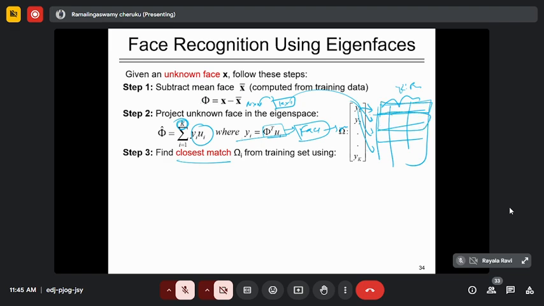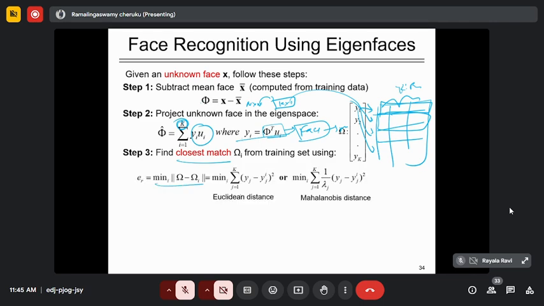Whichever is closest, by using Hamming distance, tells you whose face it is, face recognition. You can use Euclidean distance, Hamming distance or Mahalanobis distance, whatever distance measure you want for similarity.